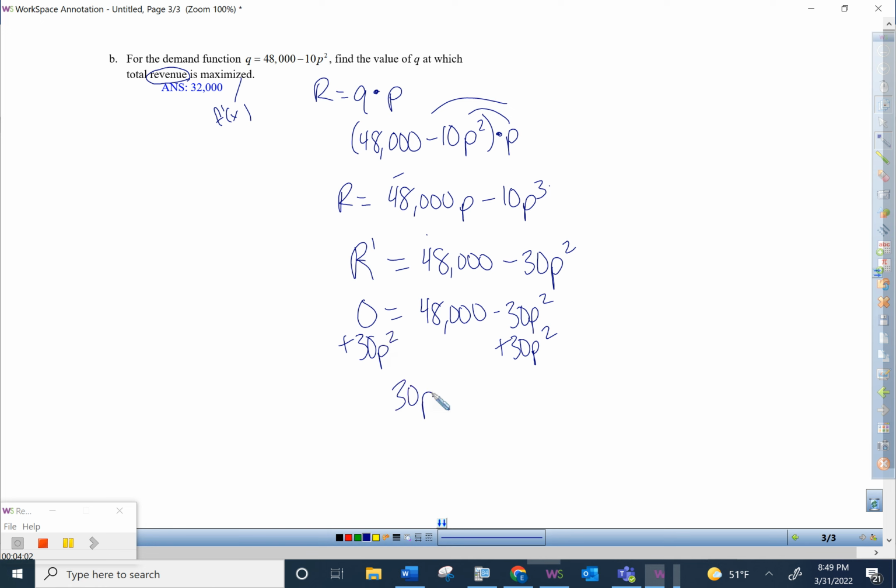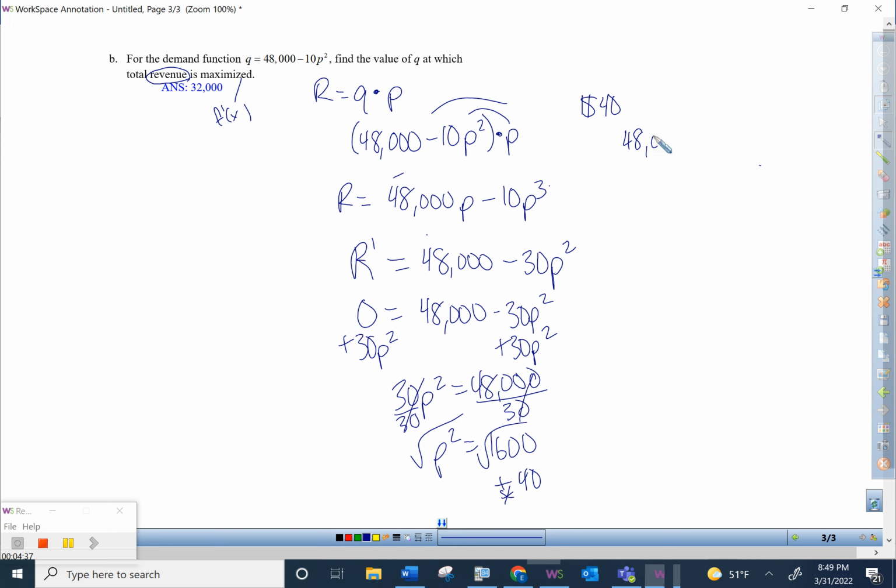So 30P squared equals 48,000. Okay, we're dividing by 30. So P squared equals 1,600. The square root of this could be plus or minus 40, but because we're talking about the price, we're not going to charge negative, so it's just 40. So $40 was the price that we're going with, but it says find the value of Q, so now we just have to substitute that into the original.